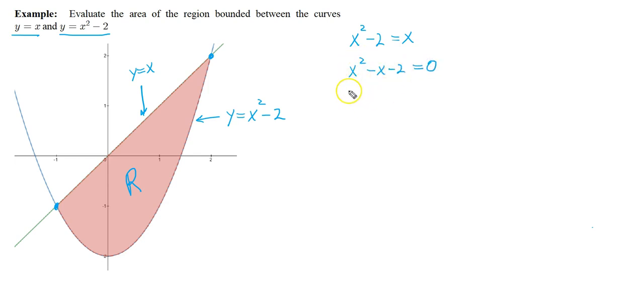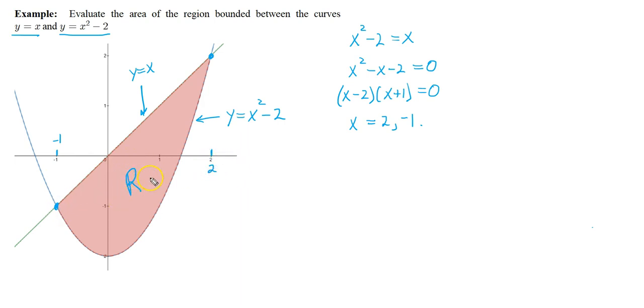And this factors nicely. So we found that the x-coordinates of the intersection points here are -1 and 2. So right here is -1 on the x-axis, and right here is 2.